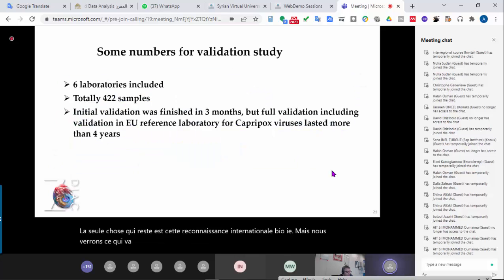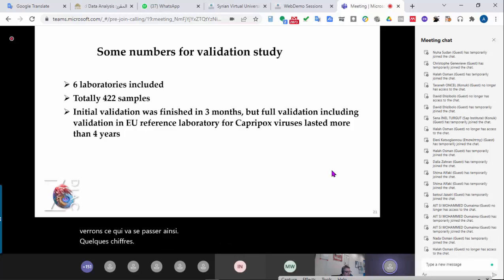So, some numbers. In the validation study, 6 laboratories were included, totally 422 samples. And the initial validation was finished in 3 months, but the full validation, including validation in the EU reference laboratory for capripox viruses, lasted more than 5 years.